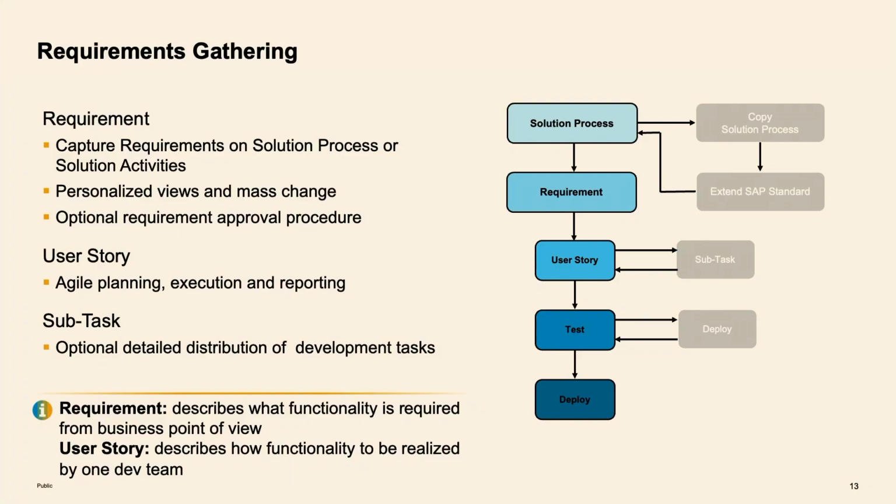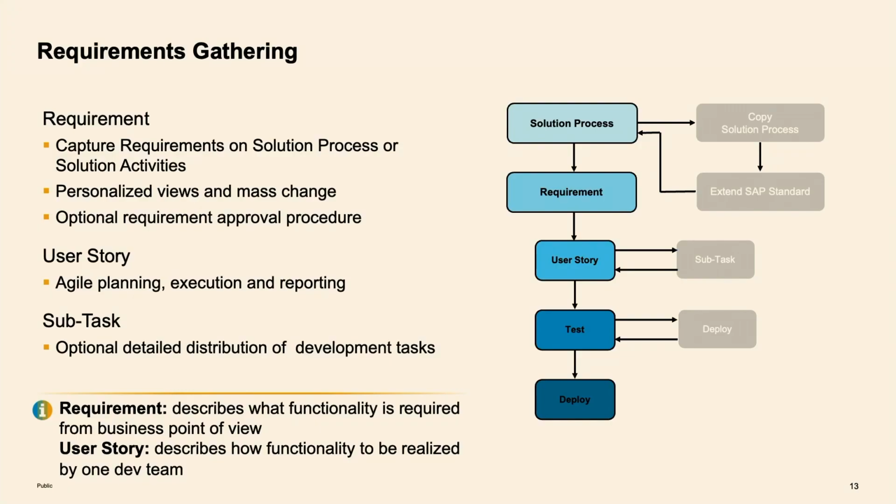Capturing requirements is important to define the real project scope. So here you select the solution process, which comes from the best practice or from the partner content, and you can capture your requirements on this level, or you can capture the requirement directly at the solution activity level.